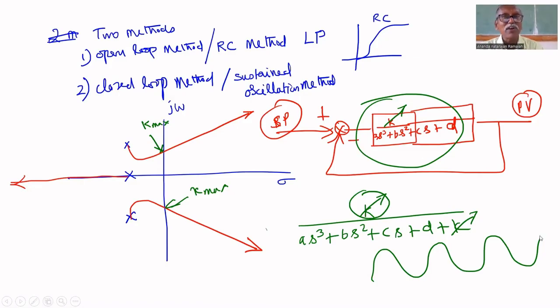Actually, in the lab, you are calculating the R value and C value, but either R or C will be fixed. You calculate either C or R, find that value, and put that value. Am I correct or not? But if you look at the CRO, there is no oscillation. Why? You calculated correctly, you got the same value of capacitor, but if you connect it, it is not oscillating.